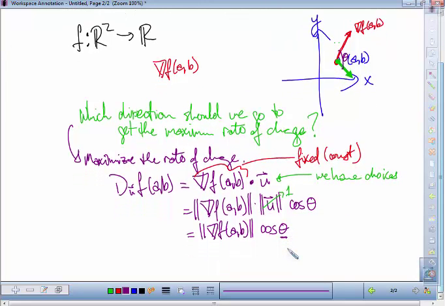So the question is, we want to maximize the rate of change, and we're left with this expression. How do we maximize this?